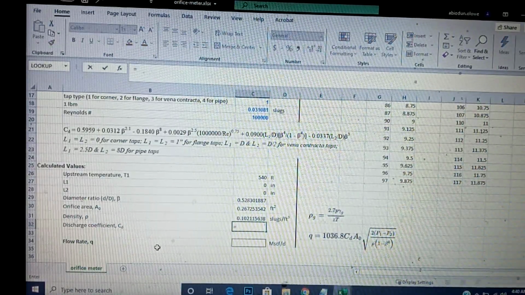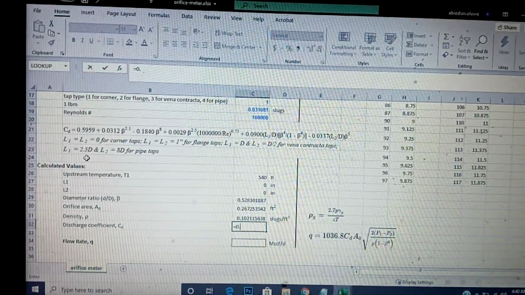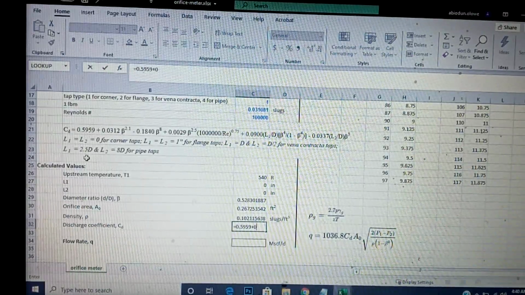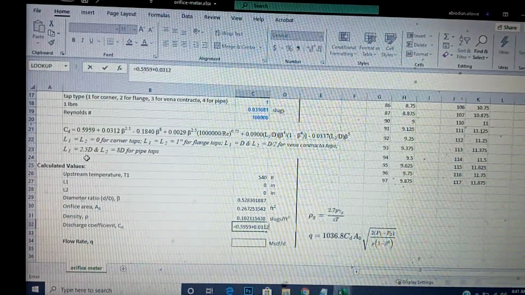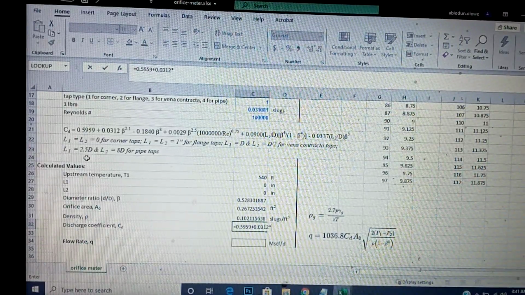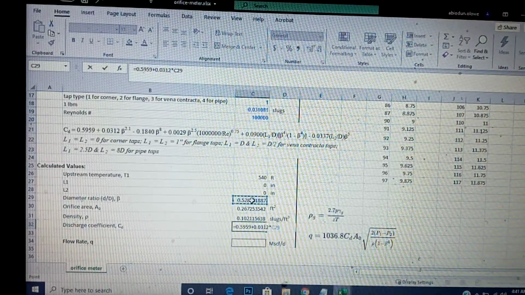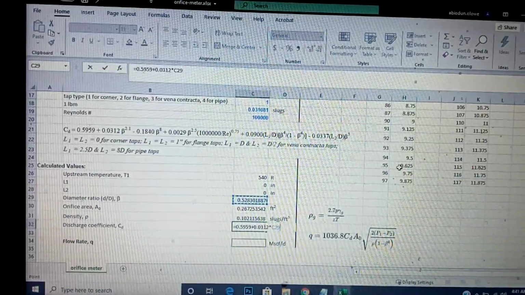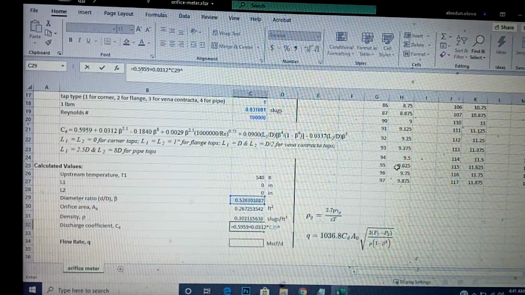Equals 0.5959 plus 0.0312 multiplied by beta to the power 2.1. Beta is the diameter ratio, so I click on that. Now shift 6 gives me the cap, 2.1.